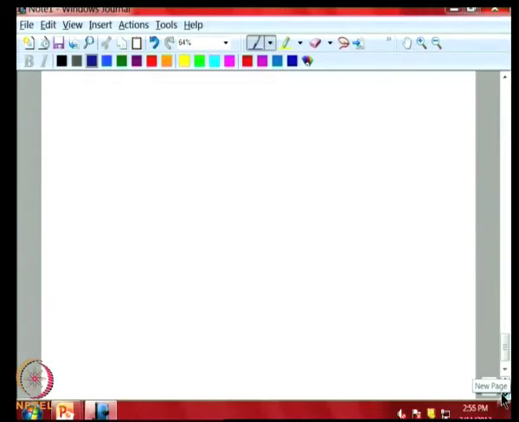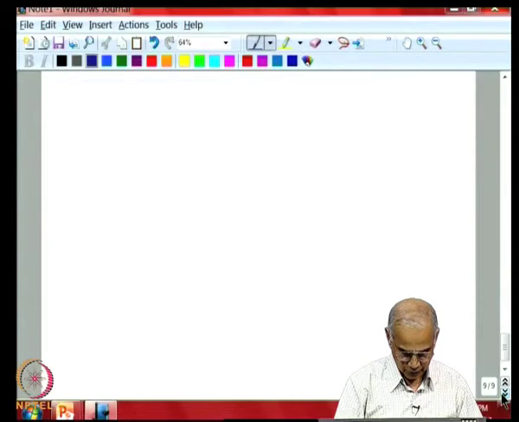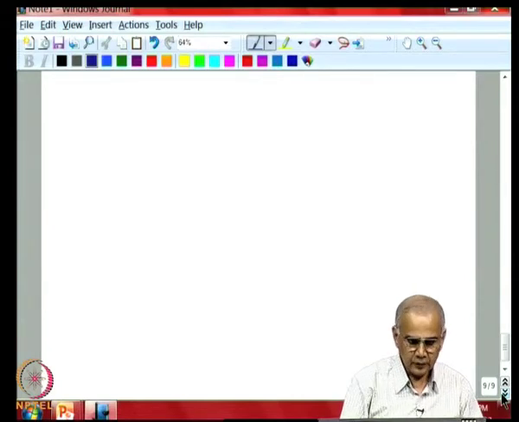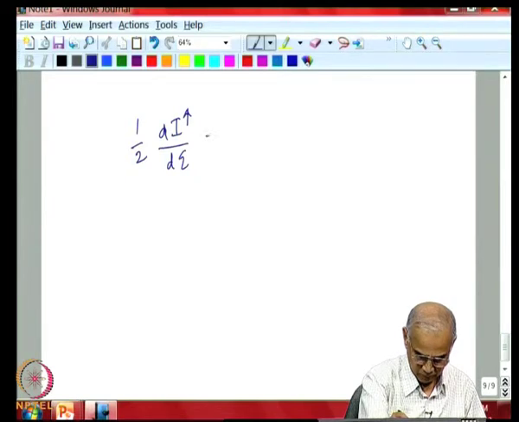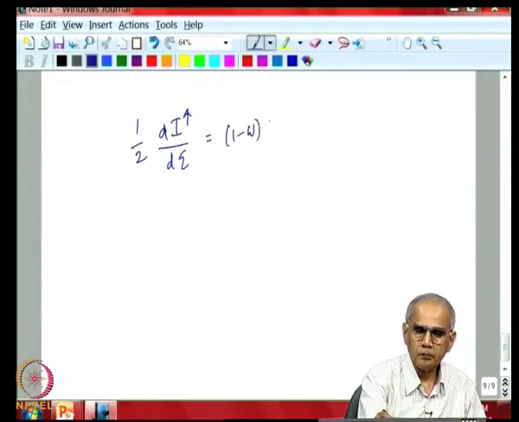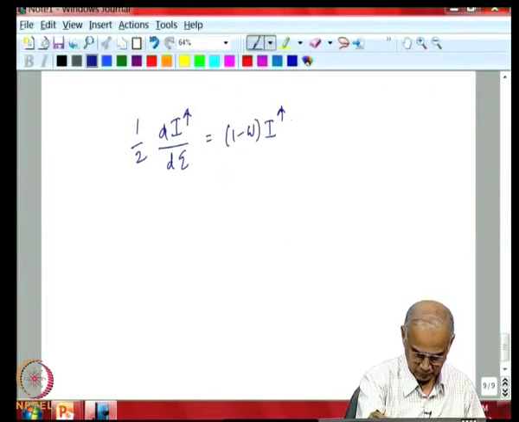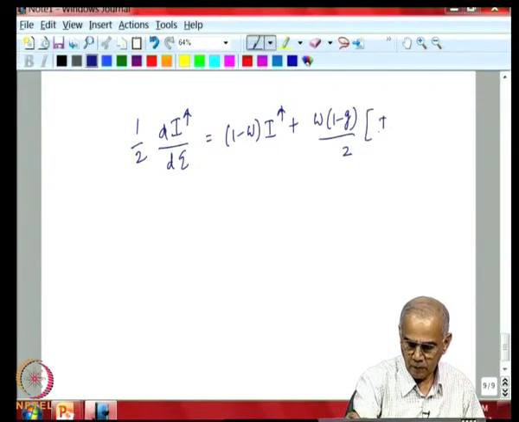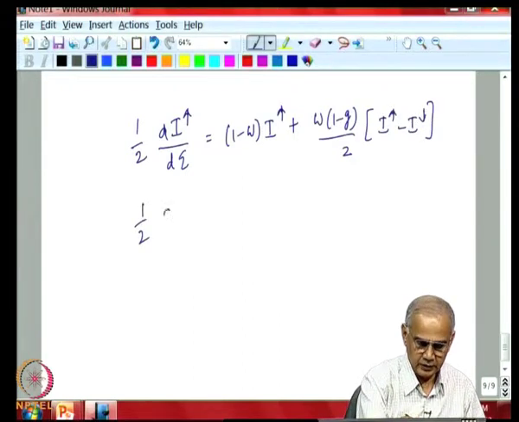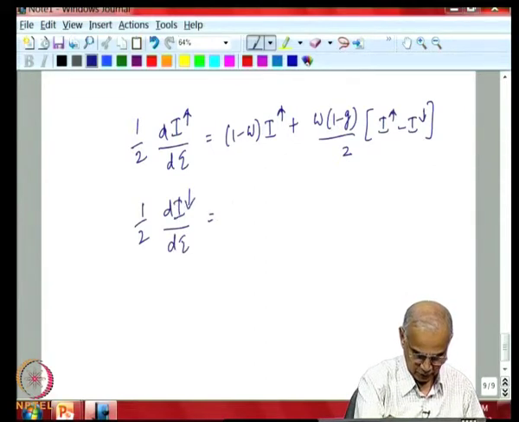Now, let us write down the two equations that govern this problem in terms of G before we solve it. The first equation is what I wrote earlier. And the second equation, for the downward intensity, can be written down by inspection because of the symmetry of the problem.